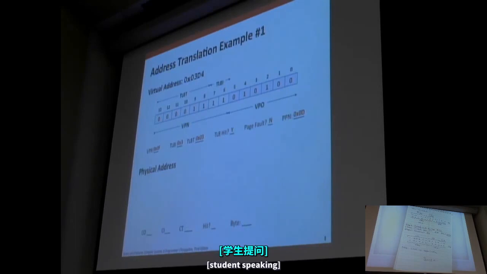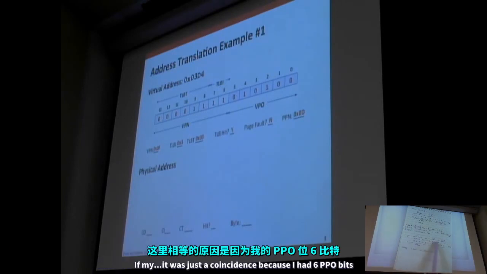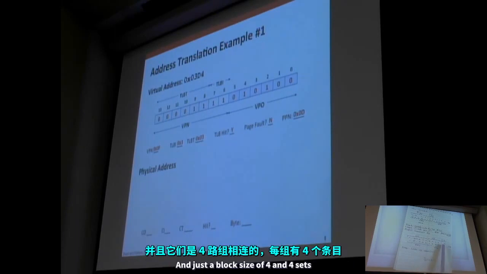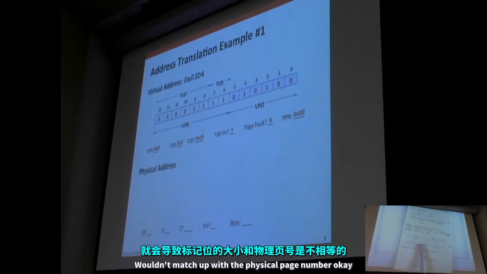So you said in this case the fact that the PPN is also 28 was a coincidence? Yes. For instance, if I'd had more sets in my cache, then I'd need more bits and they'd spill over, right? It was just a coincidence because I had 6 PPO bits and just a block size of 4 and 4 sets. So if my cache had more sets, the cache index would spill over and then the cache tag wouldn't match up with the physical page number.